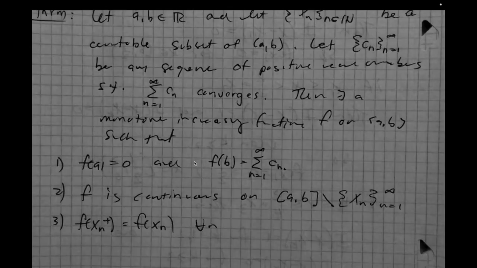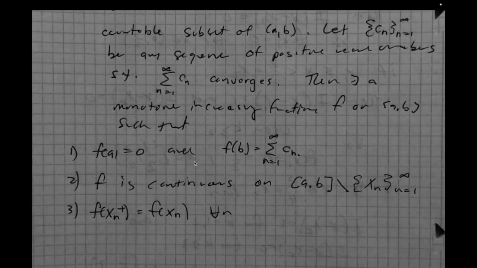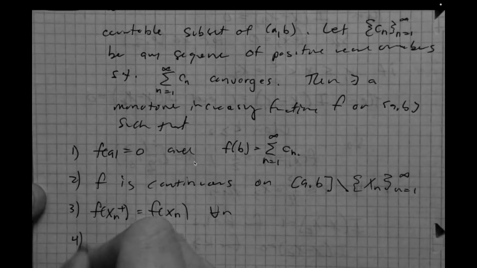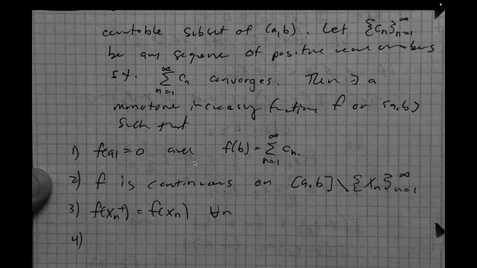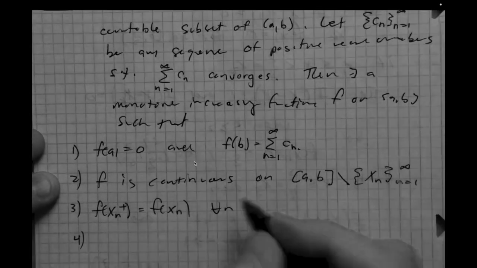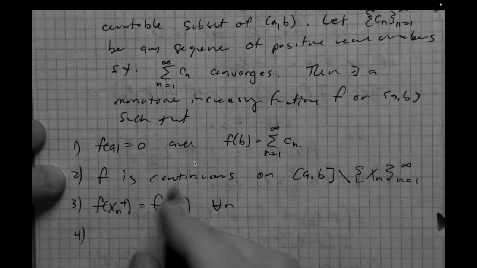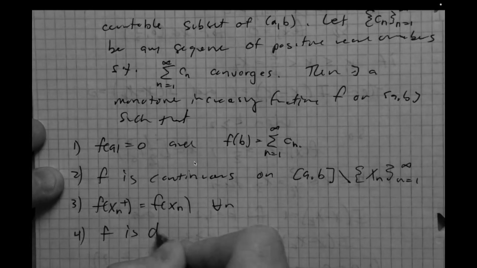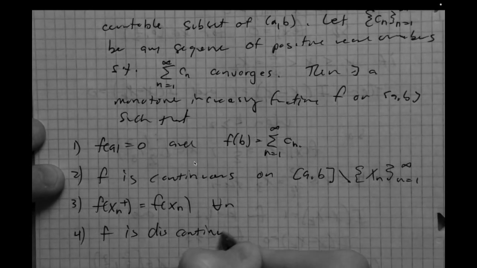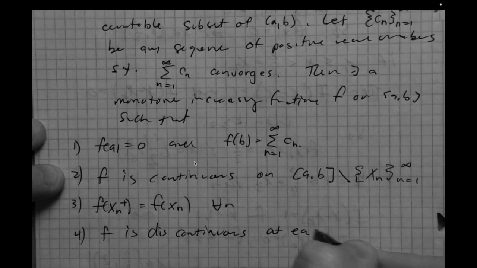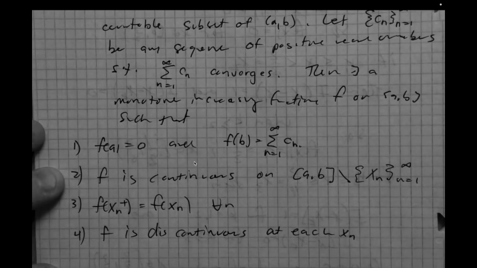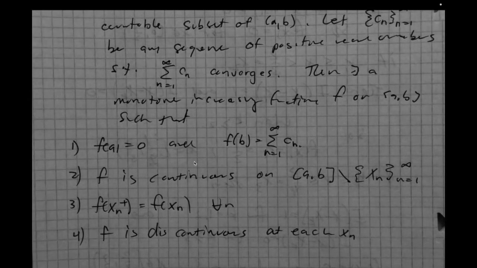So the function is right continuous at all of the discontinuities. And then the fourth property is that f is discontinuous at each xn. Right, so specifically the discontinuities will be equal to the value Cn.